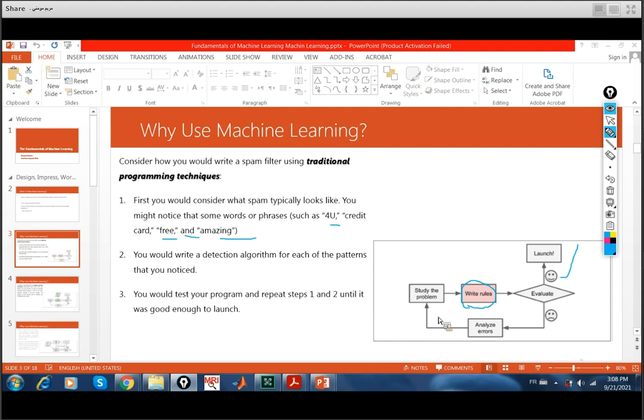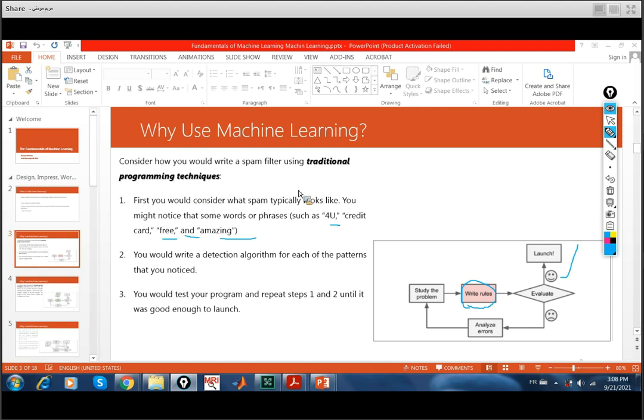We ourselves must study the problem again and analyze errors. Maybe it is automatic or semi-automatic, or non-automatic. But anyway, we must supervise this process.